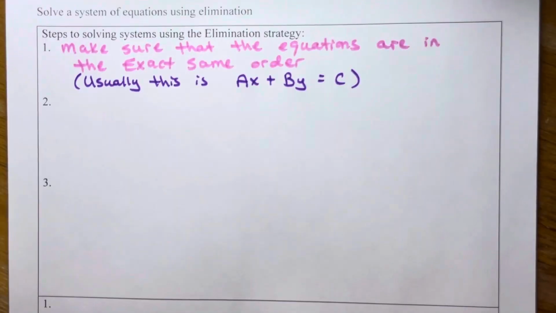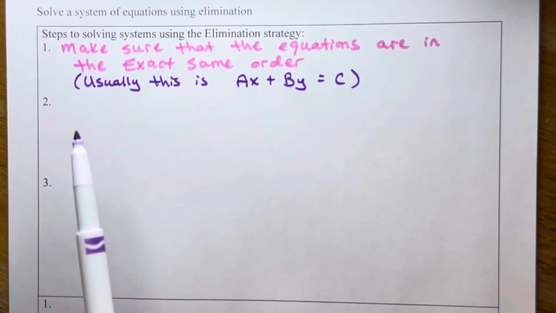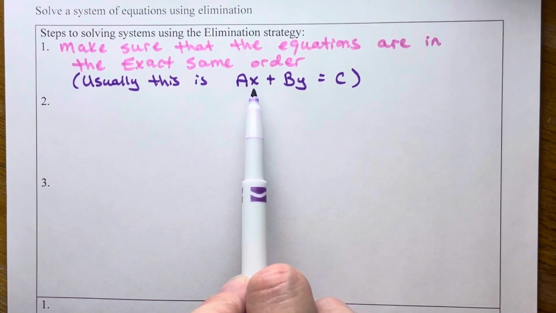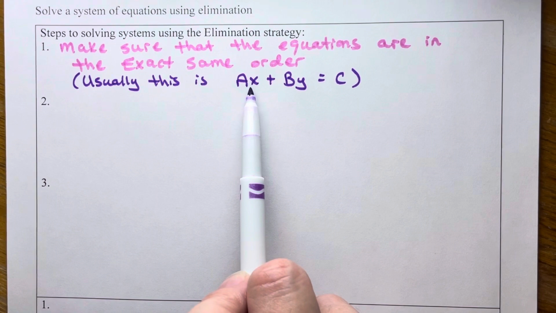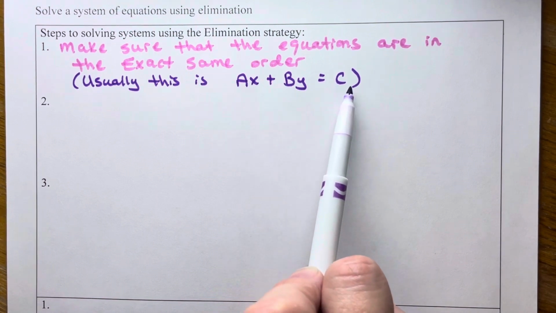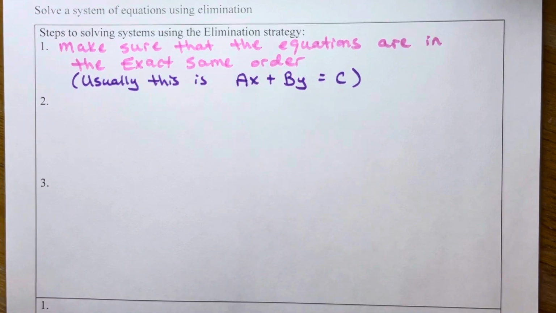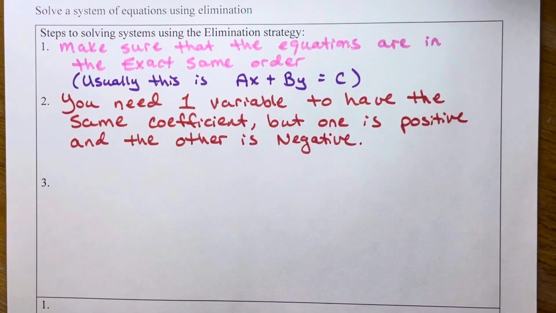Now, what does that mean? Usually, it means that your two equations are in the standard format of ax plus by equals c. So if they're both in this format, this whole process will go much easier, much smoother.